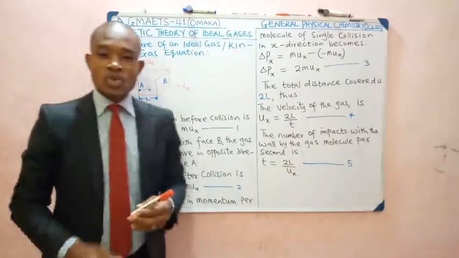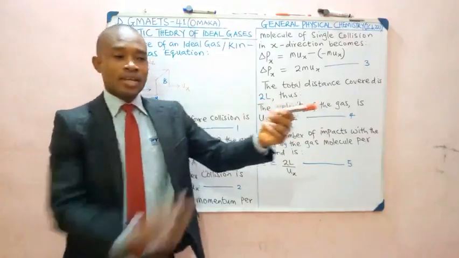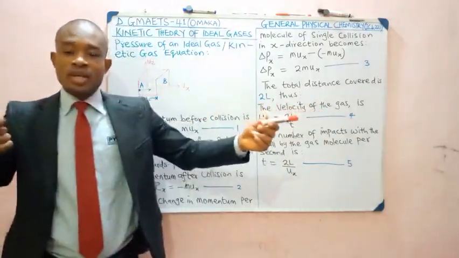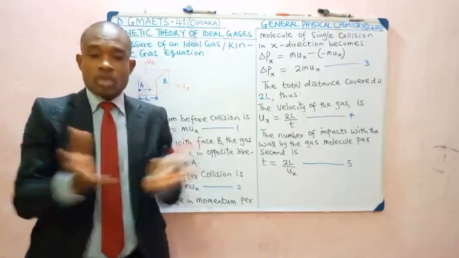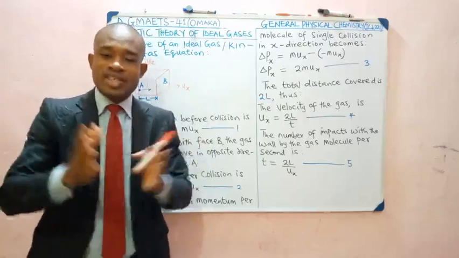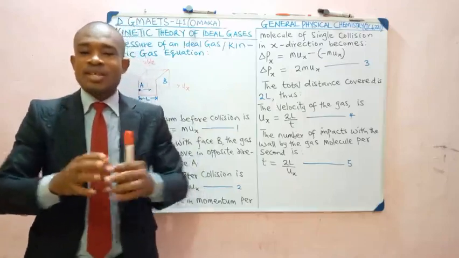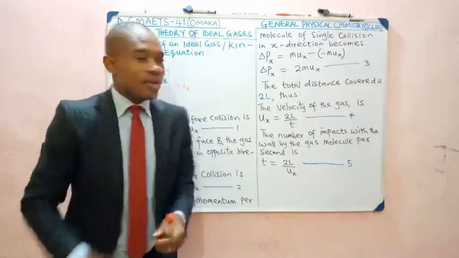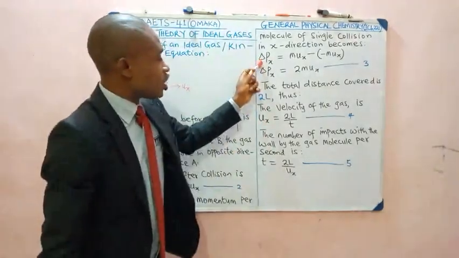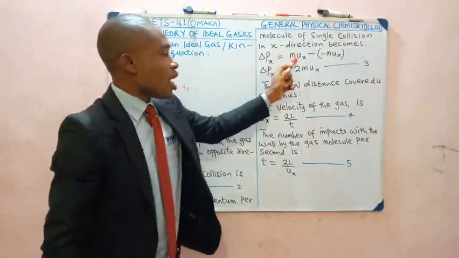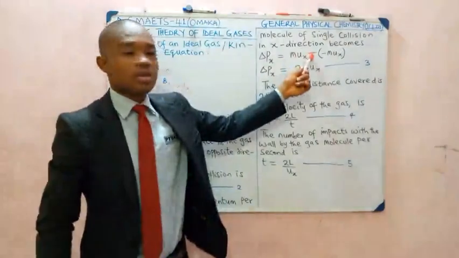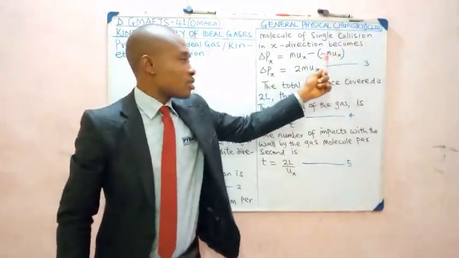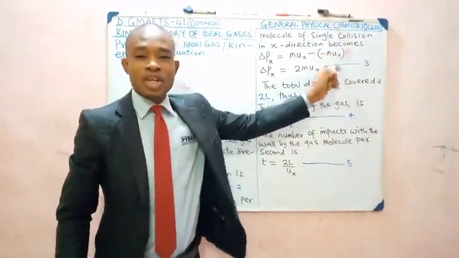If you have two vectors, one moving this way and the other coming this way, we're going to do the addition of the two by subtracting the two vectors to get the change. Now, that gives us that the change in momentum is equal to mu_x, that is momentum before collision, minus (-mu_x), momentum after collision.